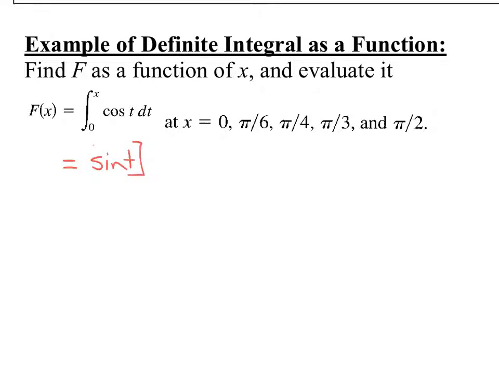But according to the fundamental theorem of calculus, I need to evaluate that from 0 to x. Is everyone with me so far? Alright, so that means I have sine of x minus sine of 0. Well, what's sine of 0? 0. So that's simply sine of x.